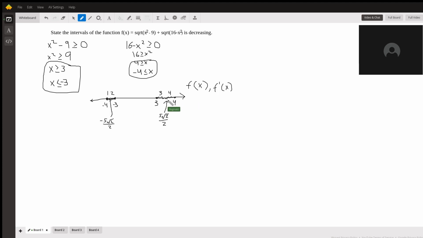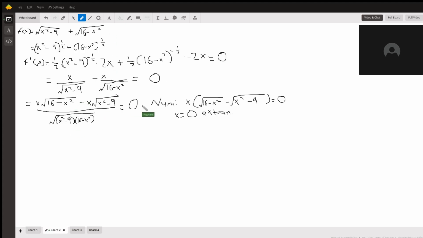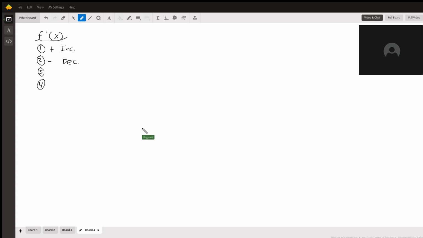Interval 3. So let's do 3.2 into here. So we get a positive number. So 3 is positive.